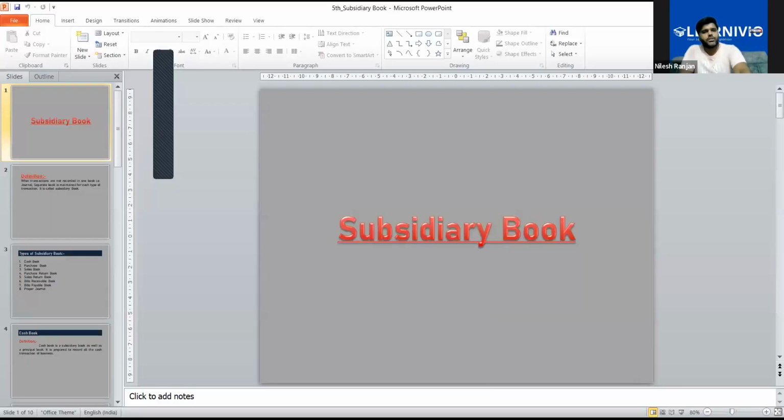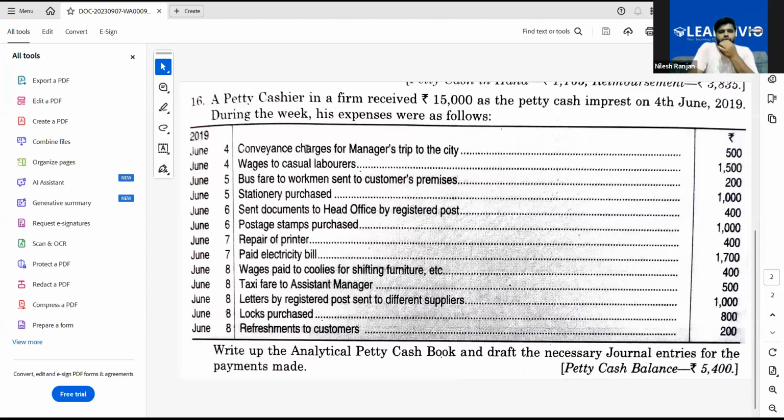Okay. So can you try this question? This one. Question number 16. Are you able to see the question?